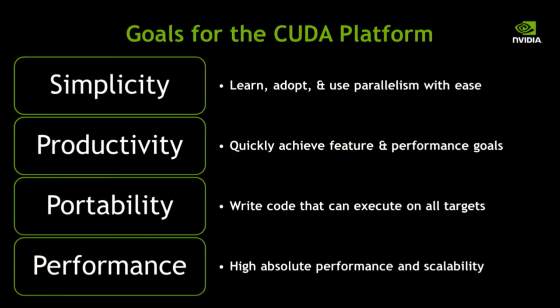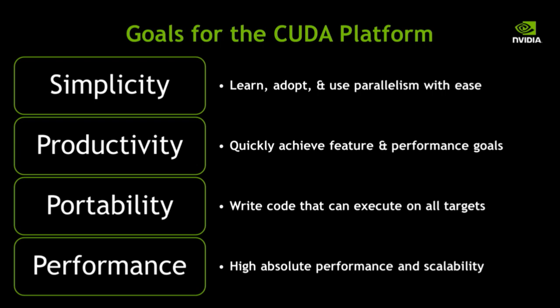And so we have a set of goals that we think about. And increasingly, these top 3 goals here are becoming the most important. So simplicity is really important in the platform because we want it to be really easy to learn parallel programming in CUDA, as well as to adopt it into existing applications as well as new applications. And related to that is productivity. Every programmer, every developer has goals for both features as well as performance of their application.